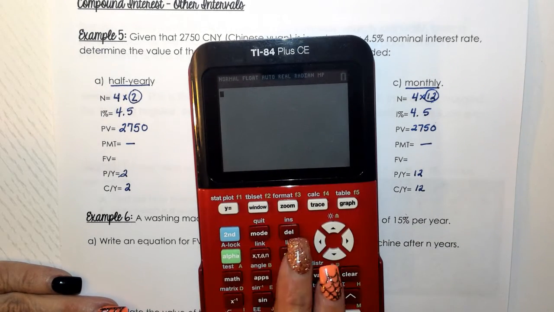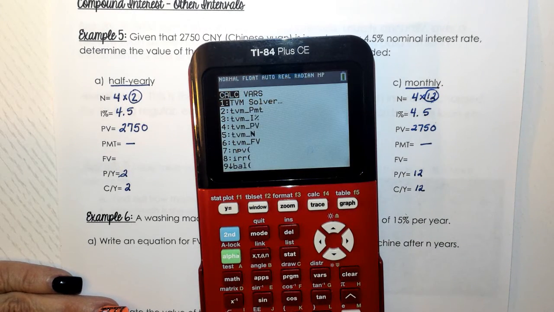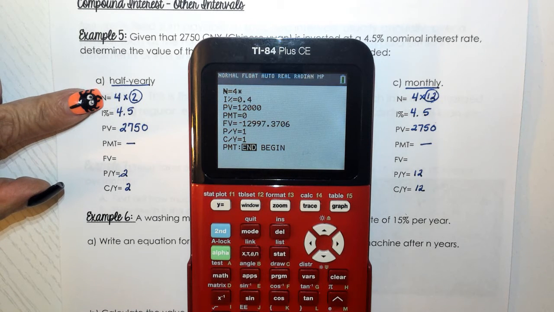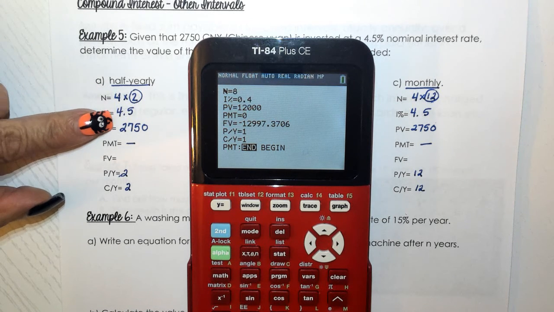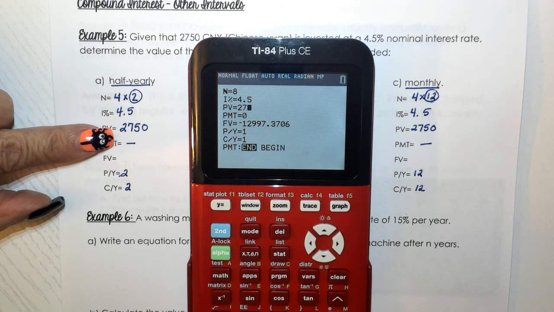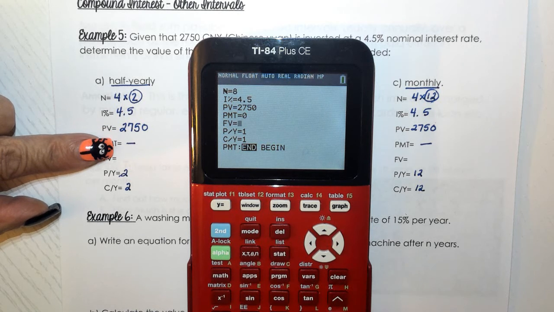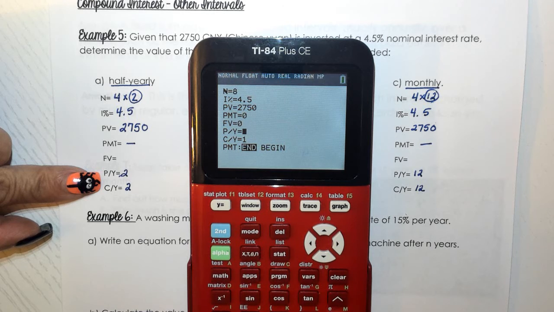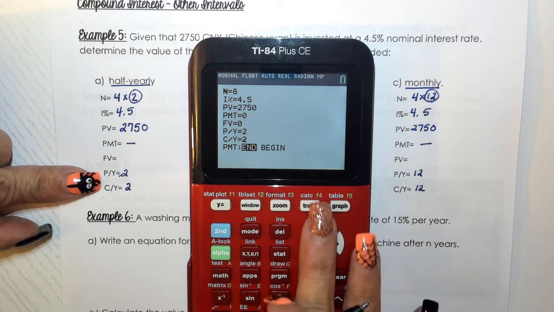So here we go. So we're going to go to Apps, Finance. I'm going to do 4 times, 4 years, twice each year. The interest rate is 4.5. I'm investing 2,750. I'm not making a payment, but I do want to know the future value, but I need to be sure. Okay, I have to put 0. I'm going to do this twice, right?